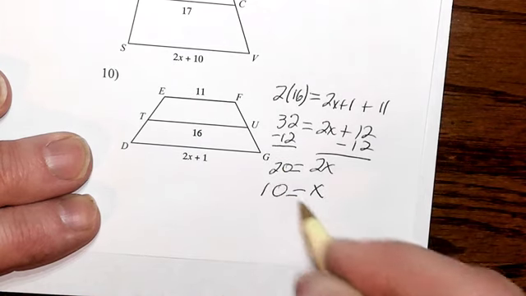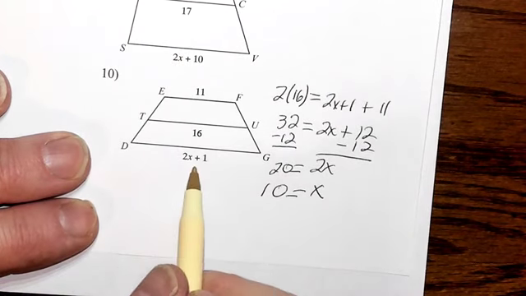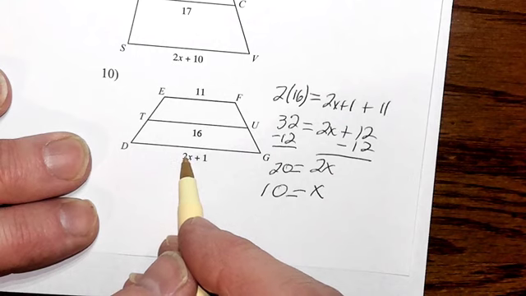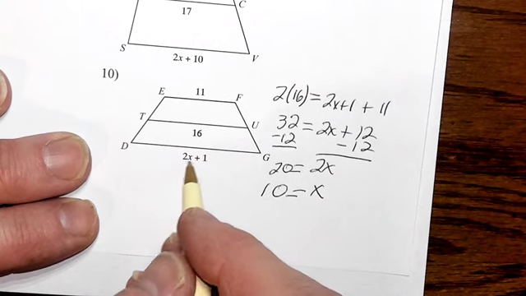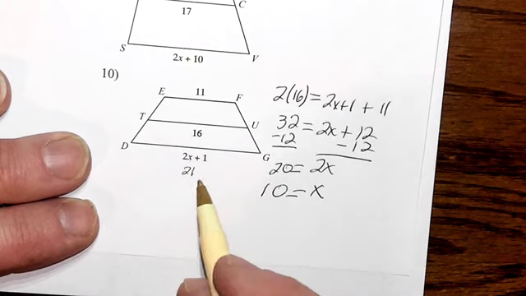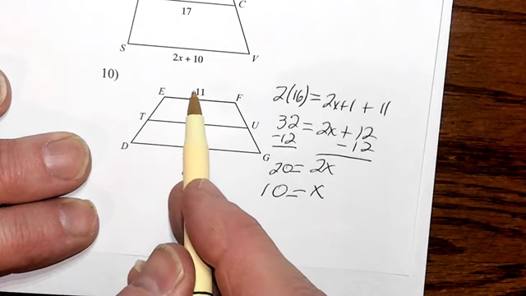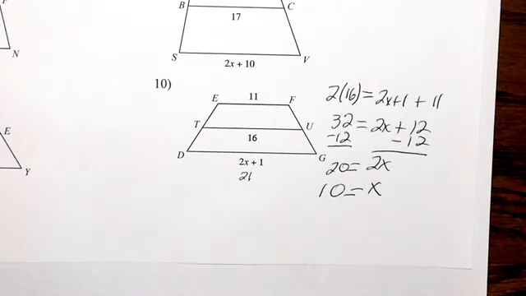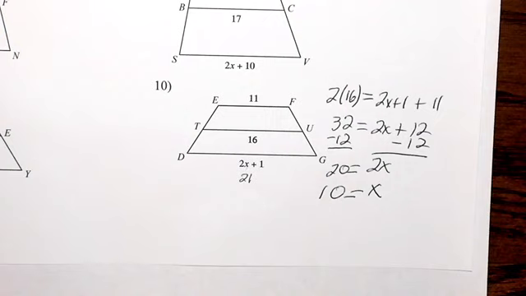So x equals 10. And you can check just to see if that makes sense. If I put 10 back in here, 2 times 10 is 20 plus 1. This would be 21. 21 plus 11 is 32. Divided by 2 is 16. So it works. And those are the examples like what's on your homework for today.